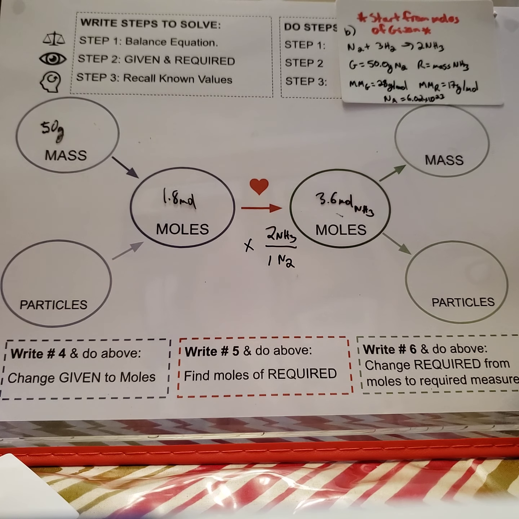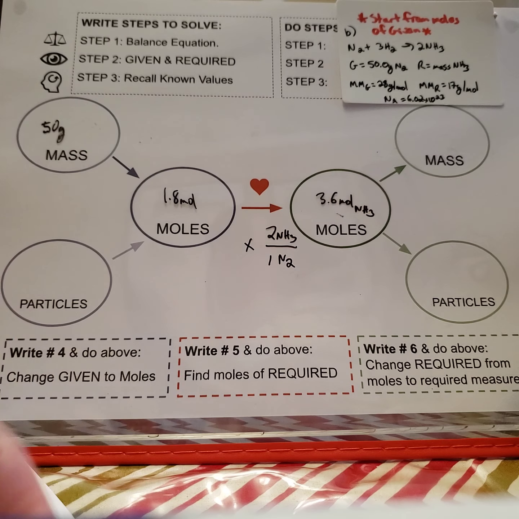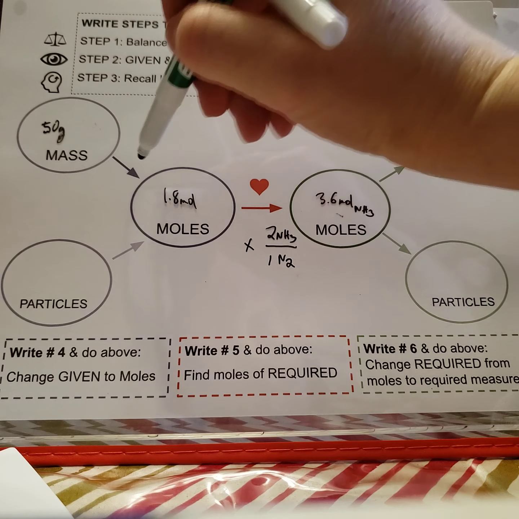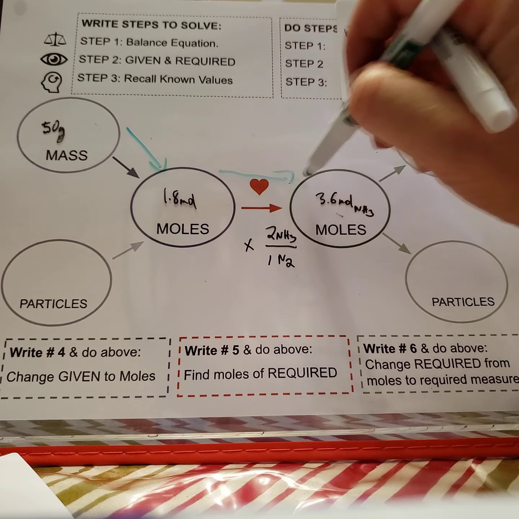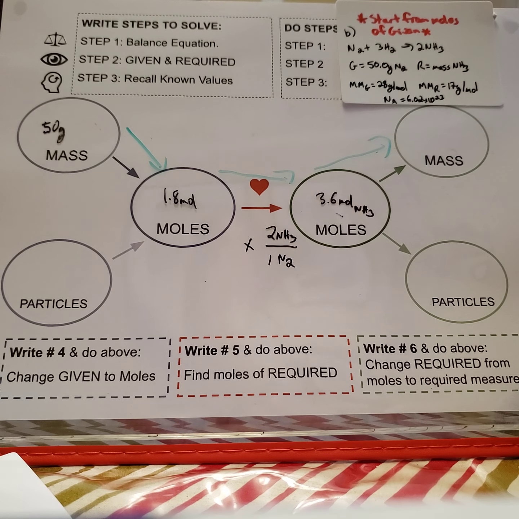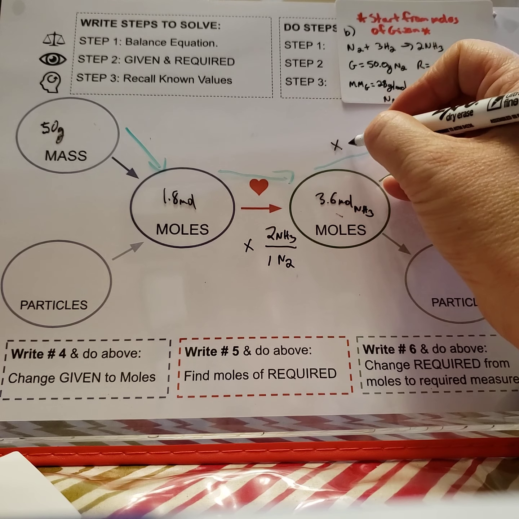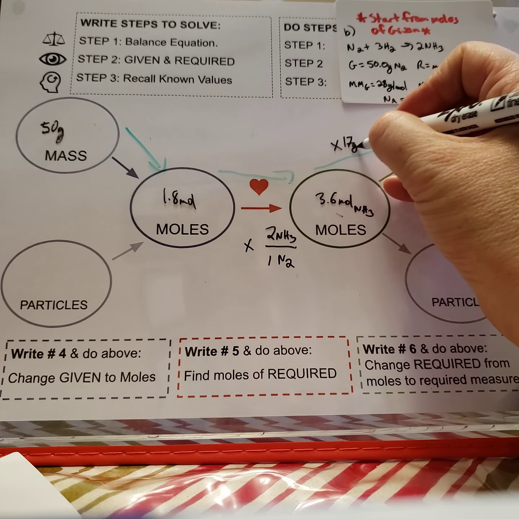And again, they want the mass back, so we're going up here. All right, so we are going to take that same route again, going this way, going this way, going this way. All right, so we need to use the molar mass, though, of ammonia this time. So we are going to multiply by the 17 grams per mole.